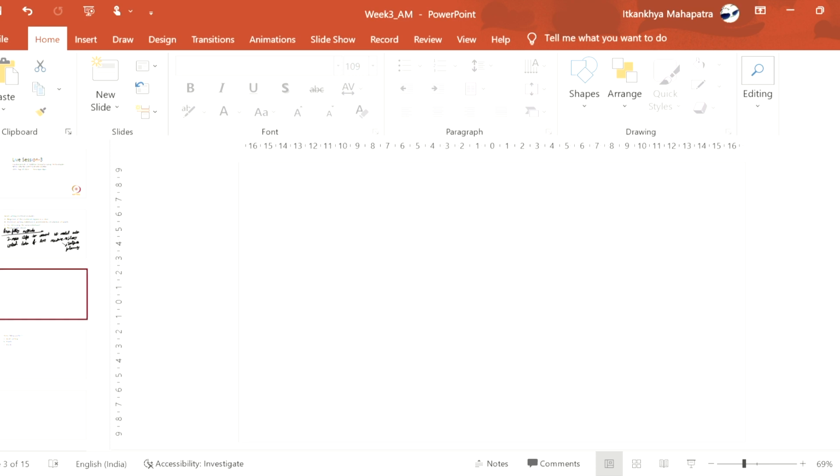Now there are three different types of tool path.